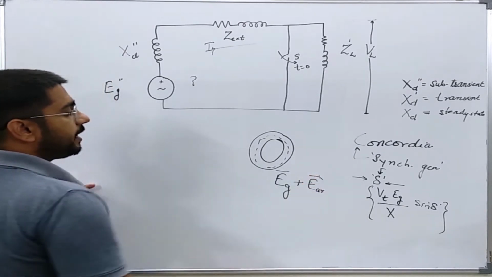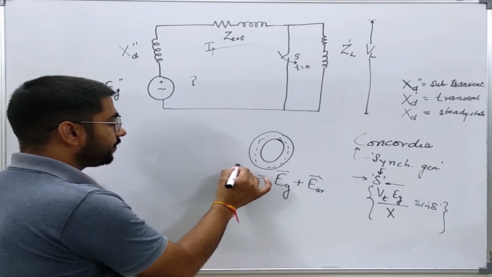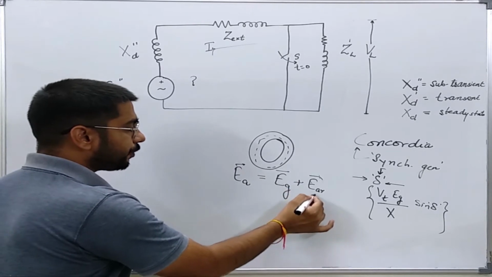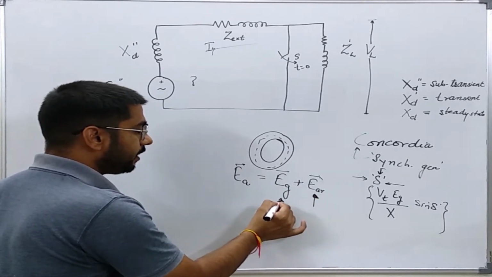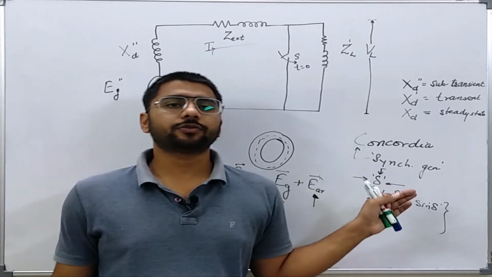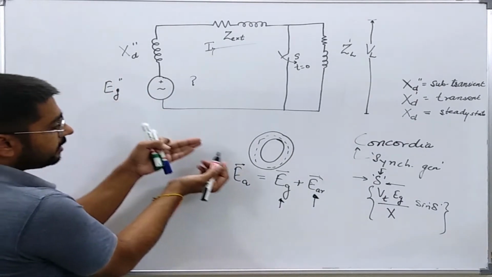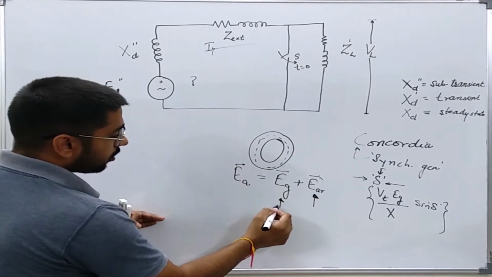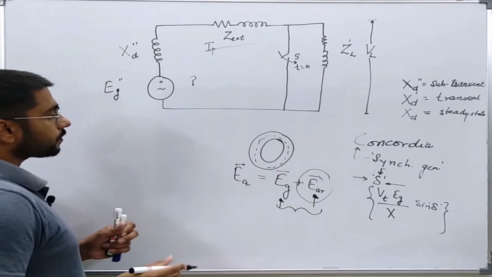These are phasor quantities. So this is the resultant air gap EMF, and it depends upon the load current and the field current. So whenever there is a fault and there is already some current flowing through the generator, I cannot directly write this as EG, because it is going to be affected by the load current also.